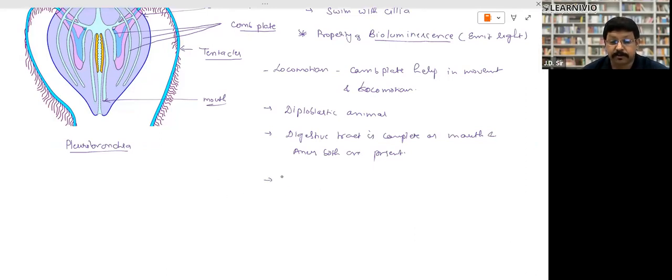The nervous system is present but poorly developed. I have told you there was a question, which of the animals do not have a nervous system?